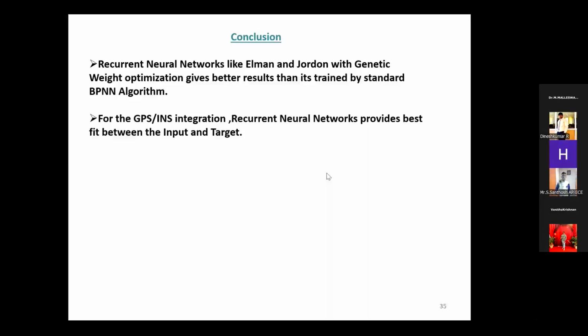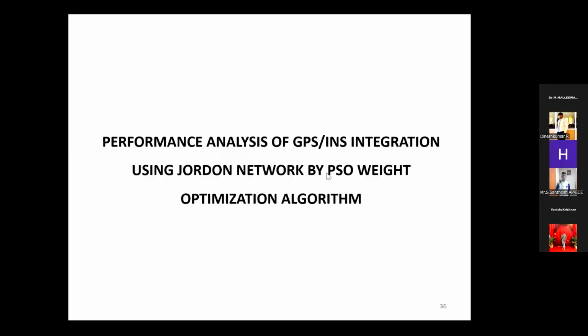For GPS INS integration, recurrent neural networks provide the best fit between the input and target values. With that, I conclude the GA-based RNN intelligent navigation. Now we'll go on to the next topic.